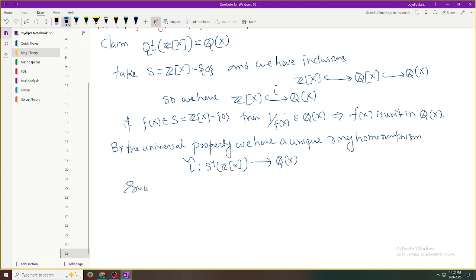Such that Z[x] into Q(x) factors through S inverse Z[x], that is the field of fractions, because our S is Z[x] minus 0. So this is the canonical map I tilde.